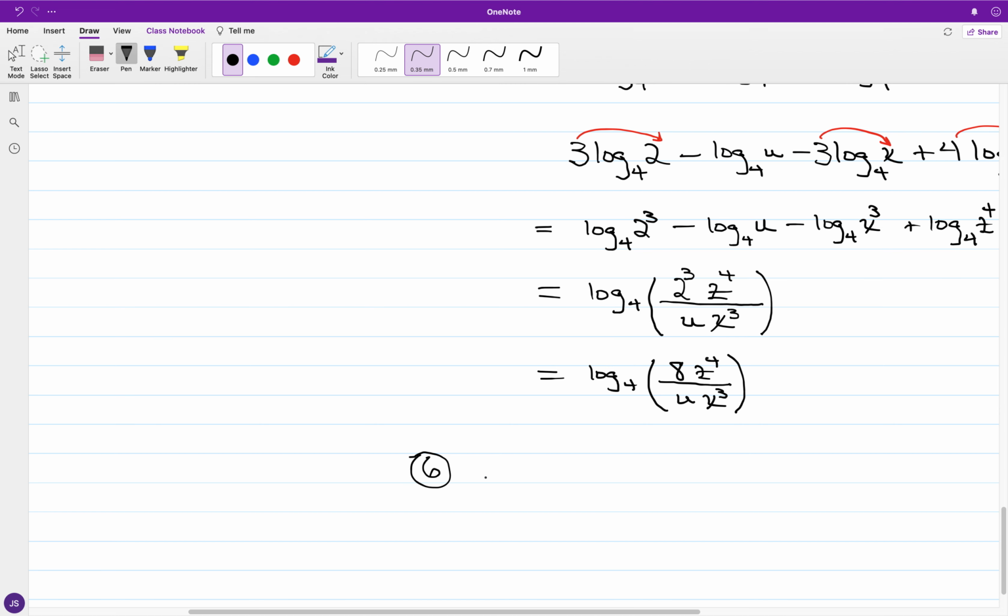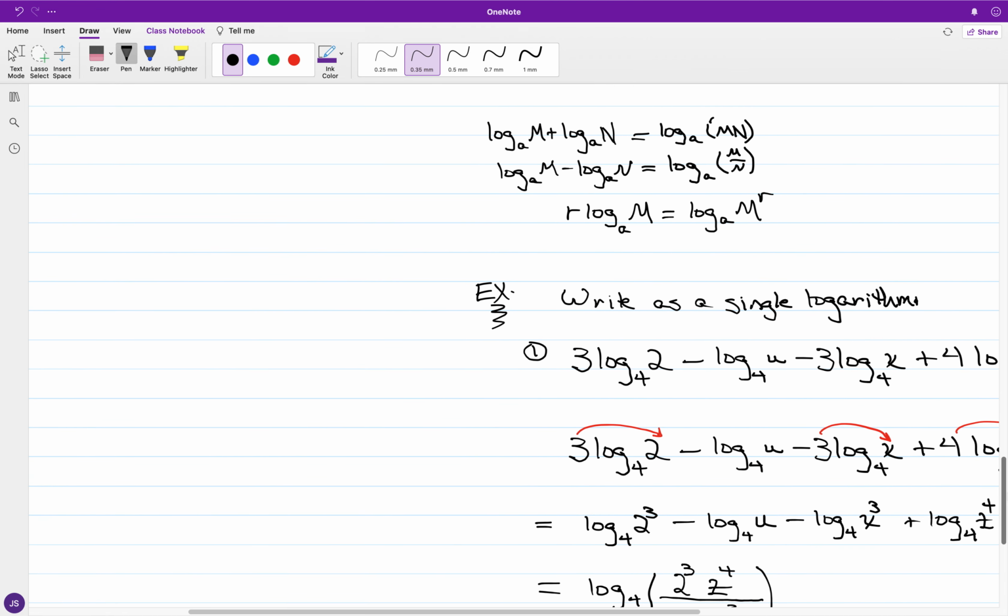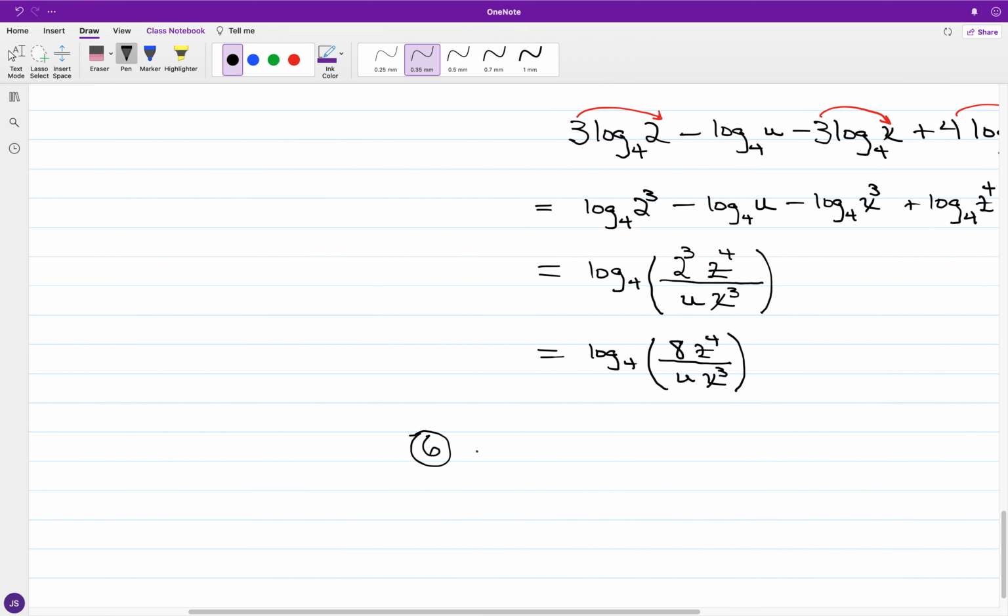All right, so with number 6 relative to what we had in numbers 3 through 5, again there was an added ingredient, and that is the sum and difference properties. So we have the base 54 logarithm of 19, plus the base 54 logarithm of 25, and minus the base 54 logarithm of 10.